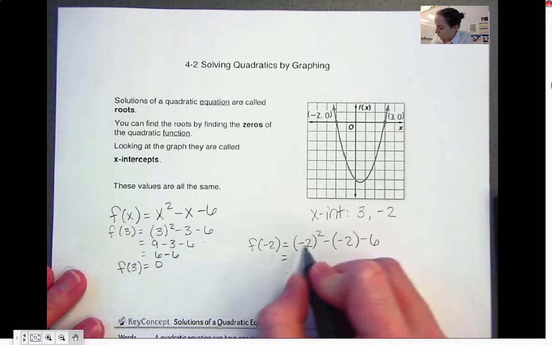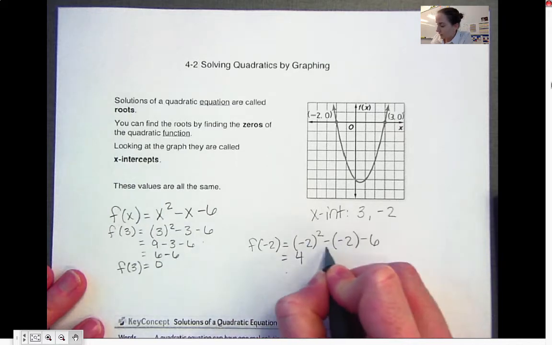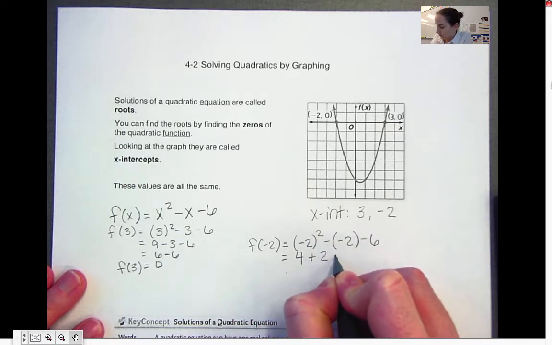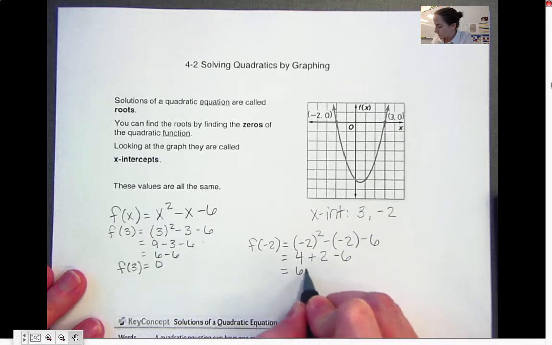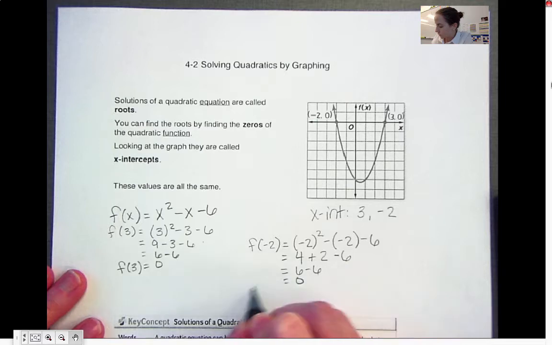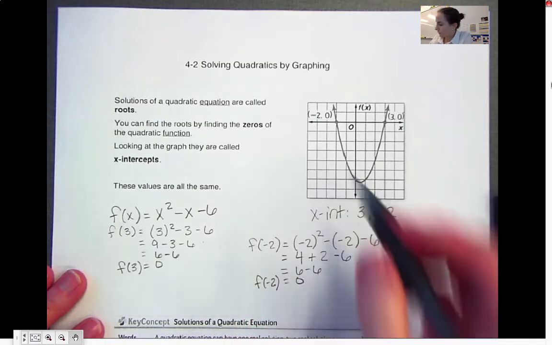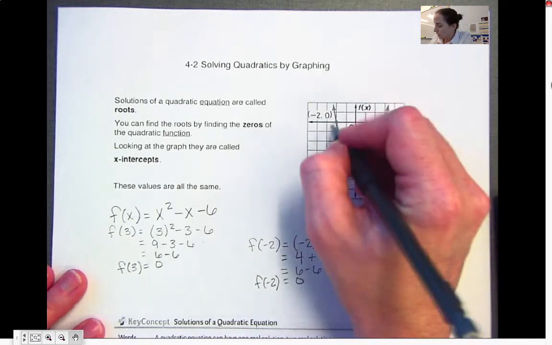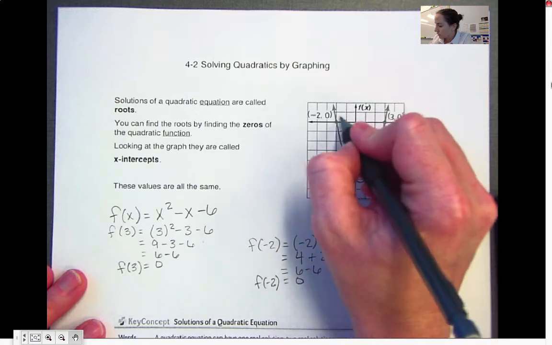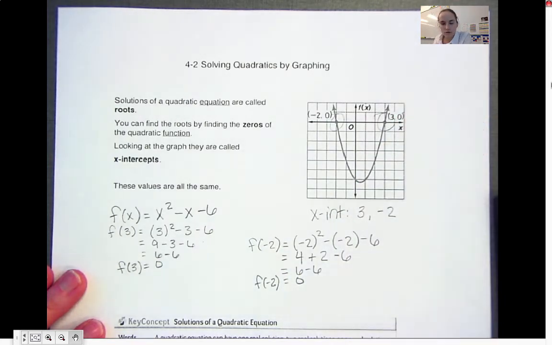So this becomes 4 plus 2 minus 6. 4 plus 2 is 6, so you get 6 minus 6, which is 0. So f at -2 equals 0. Again, when I plugged in -2, I got 0. So if you're just graphing it, you're just looking for where the graph crosses the x-axis.